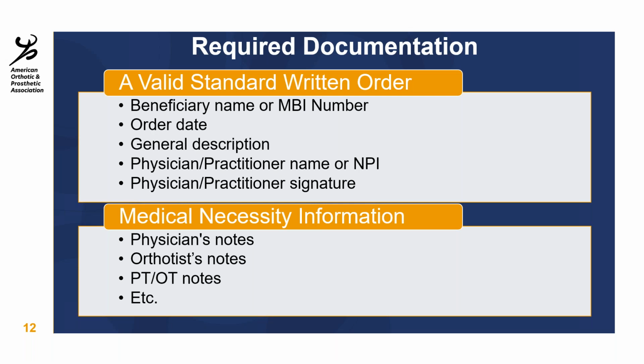Then lastly, you must include any and all pertinent information that demonstrates the medical necessity for the brace in question, and this will include the notes from your records or charts, physician's records and notes, OT notes, PT notes, hospital notes, or anything else that you have that would help show the medical necessity of the item and demonstrate that all policy criteria has been met.